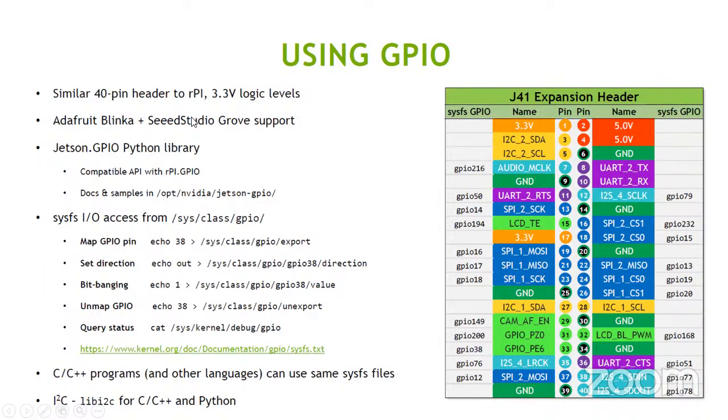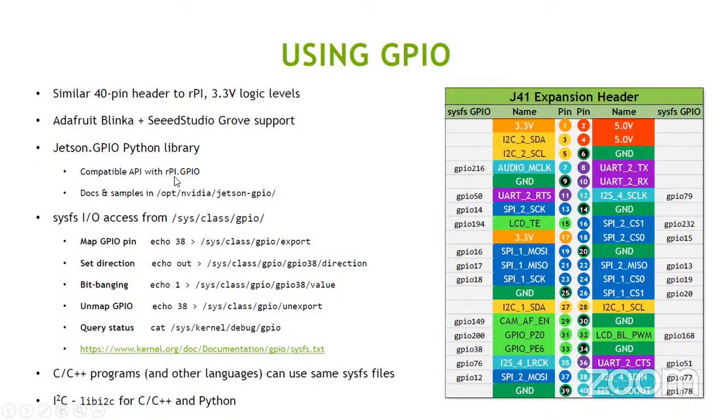This is a pin header similar to the 40 pin header in Raspberry Pi, with a 3.3 volt logic level. Adafruit Blinka and Seeed Studio will support it. You can use the Jetson GPIO Python library, which has an API compatible with RPi.GPIO.